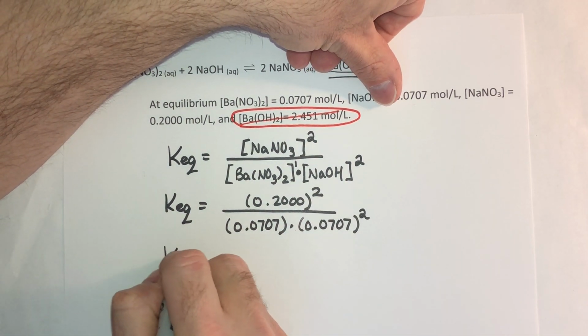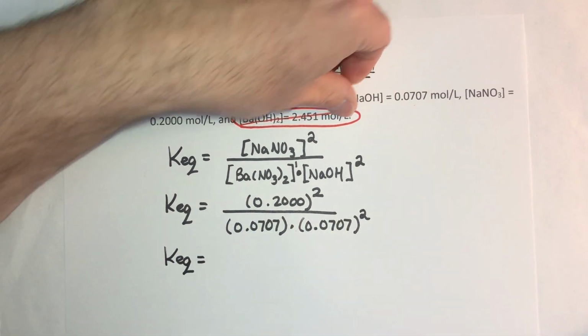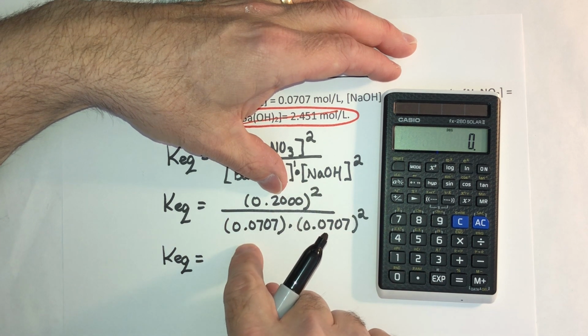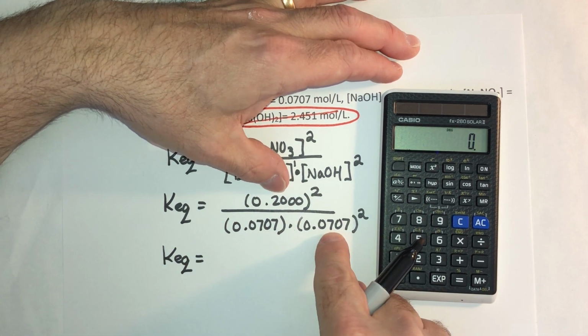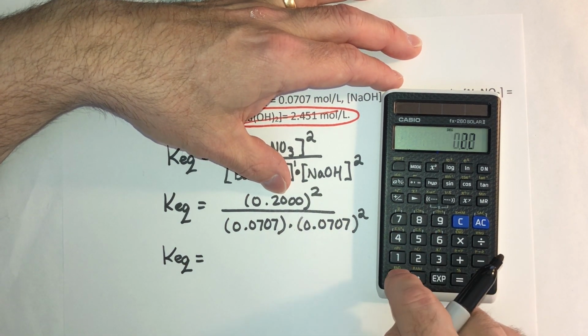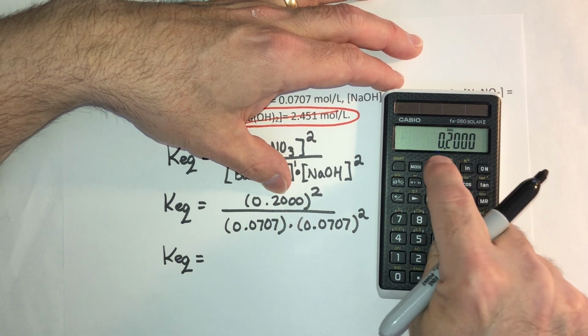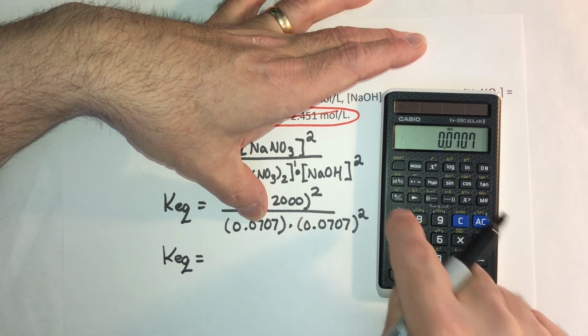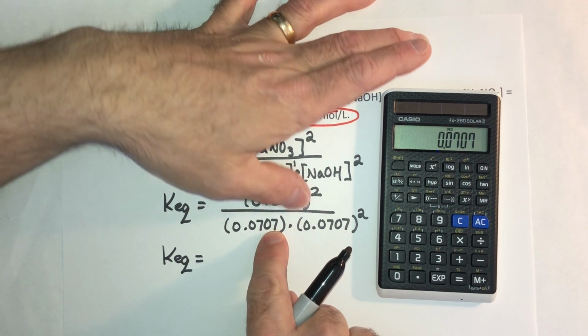And now it just becomes a calculator problem. So I'm going to do the double division thing. I'm going to put this in, divide it by this, and then divide by this. So 0.2000 squared divided by 0.0707. So I've divided by the first one.